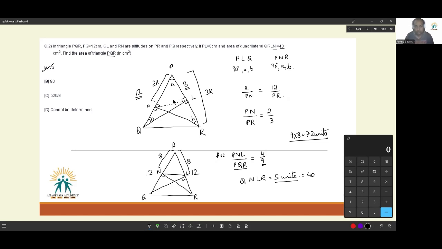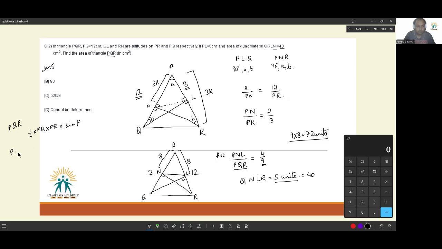Oh, I can perhaps show it to you this way. Area of PQR will be half into PQ into PR into sine P. This is for PQR.